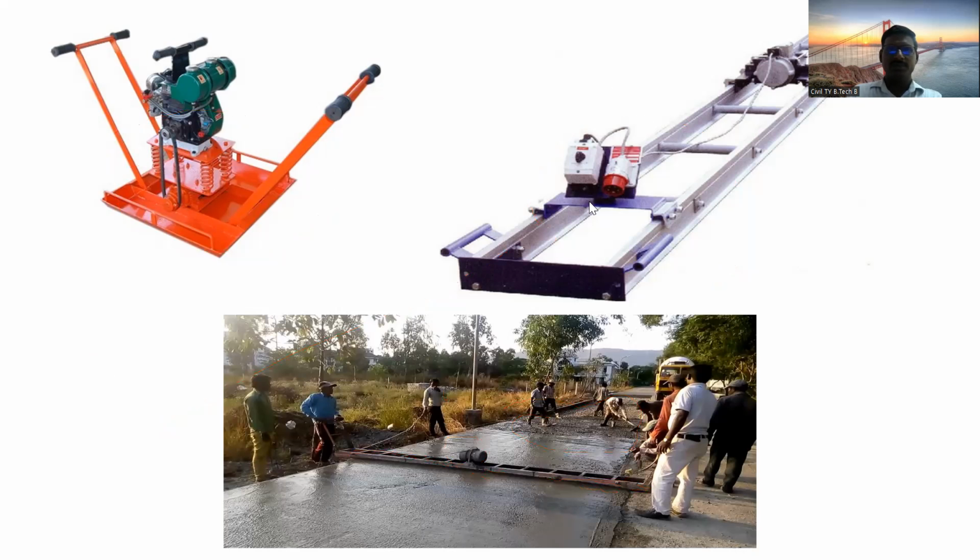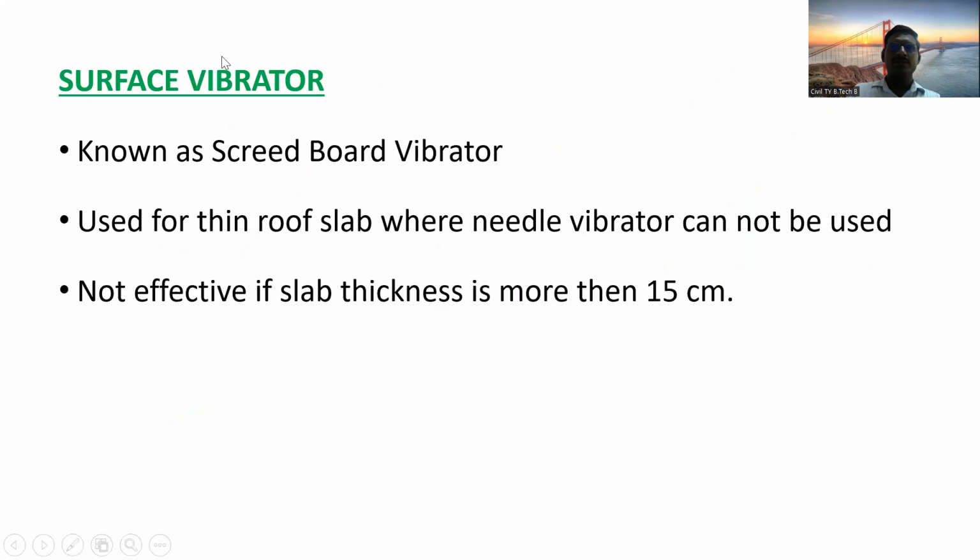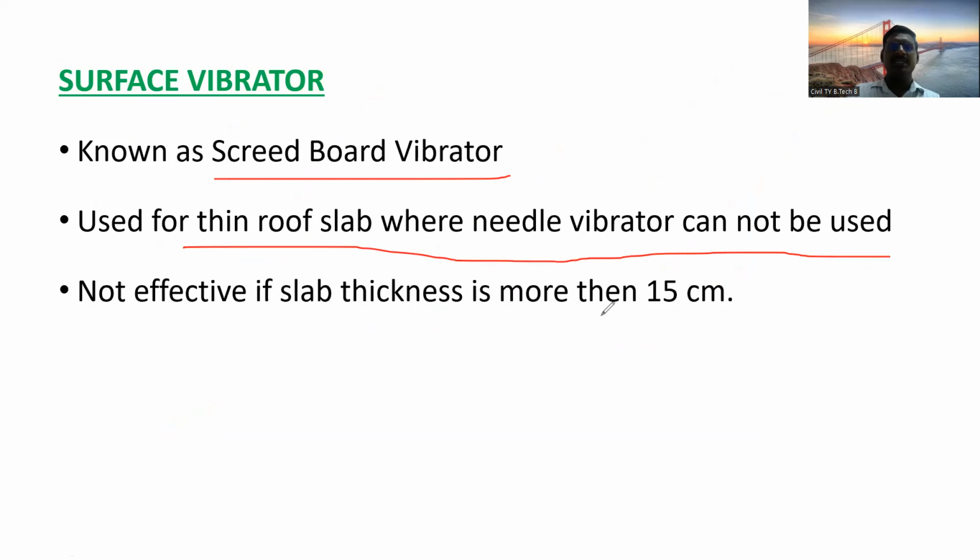You can see, we can call the surface vibrator a screed board vibrator, and this surface vibrator we can use again for a thin roof slab where the needle vibrator cannot be used. ज्या ठिकाणी आपण needle vibrator यूज केल्यामुळे काय होऊ शकतं, तर कॉन्क्रीटचं सेग्रिगेशन होऊ शकतं किंवा ब्लिडिंग होऊ शकतं. अशा केसमध्ये आपण काय करतो, सरफेस व्हायब्रेटर यूज करतो की जिथं आपल्याला कॉन्क्रीट कॉम्पॅक्ट होईल आणि सरफेस वरती तुमचा प्लेन होईल. So for these two things, plain means finishing will get proper.